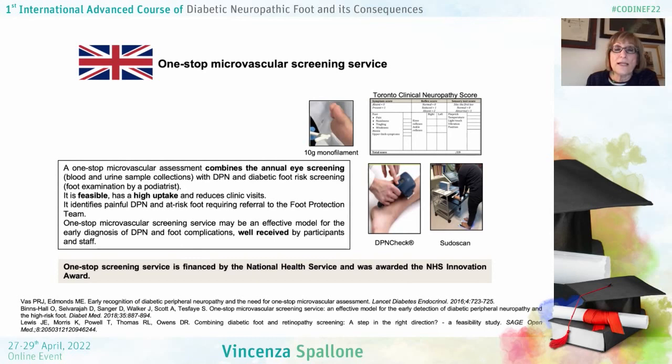And this one-stop screening service is feasible, has a high uptake, and is well received by participants.